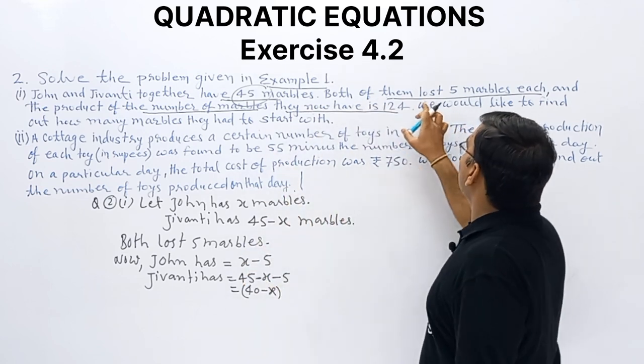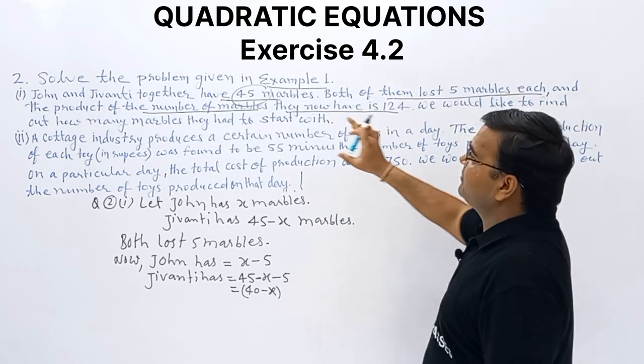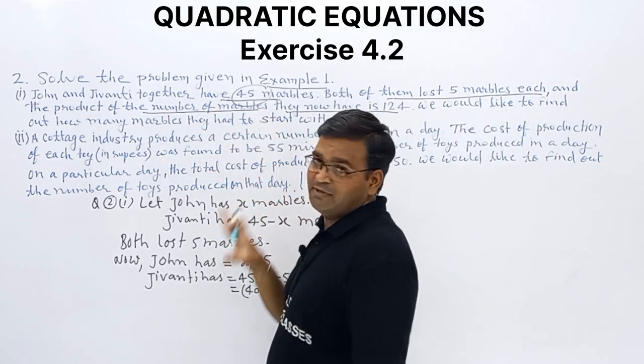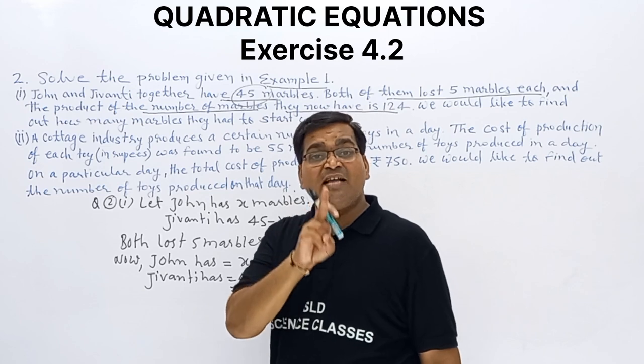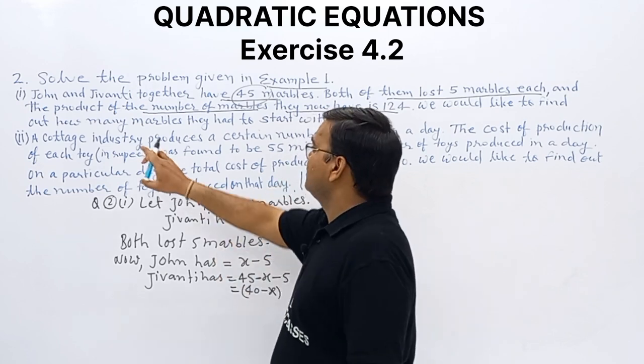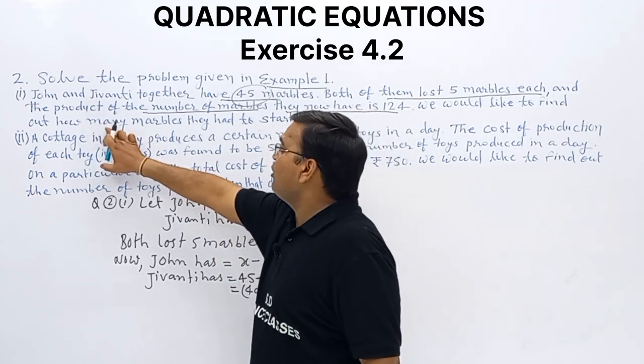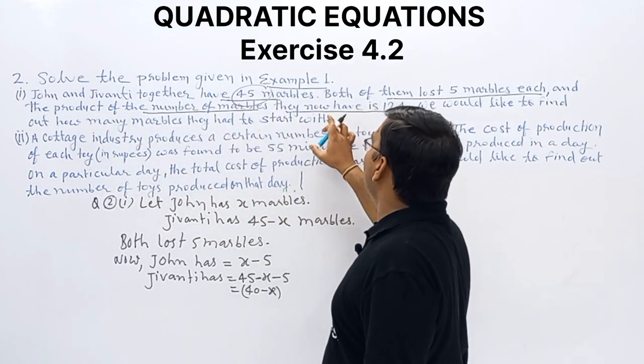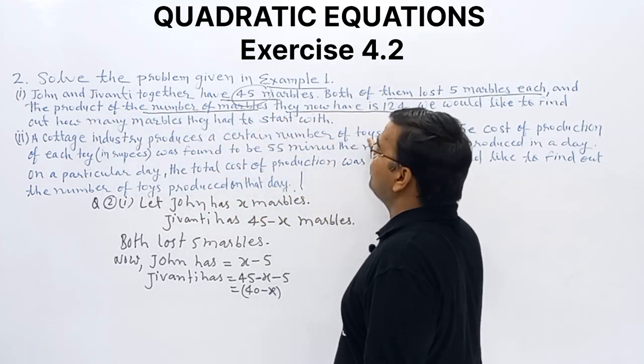Clear? Both of them lost 5 marbles each, and the product of the numbers of marbles they now have, after the loss, is this one.